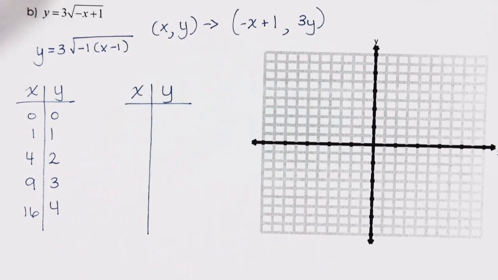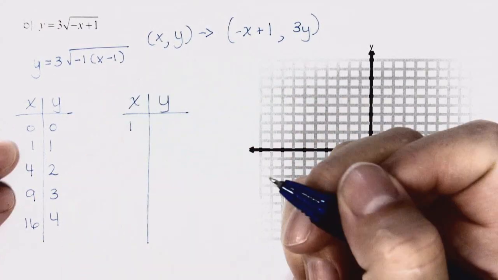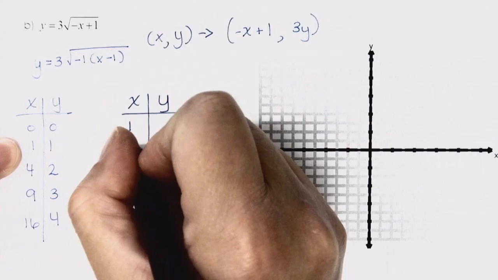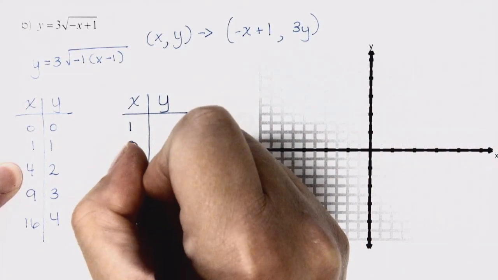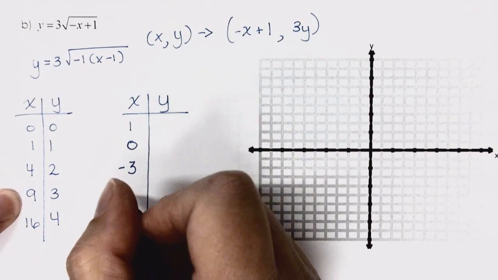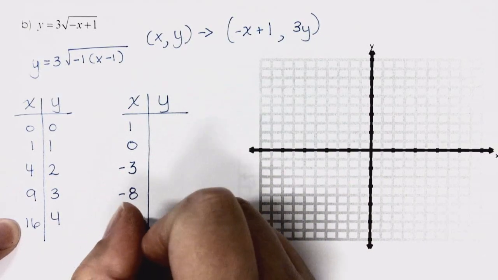So my x's are times by -1 first, and then add 1. So this one's going to be 1. This one will be 0. This will turn into -3. This will turn into -8, and this will turn into -15.